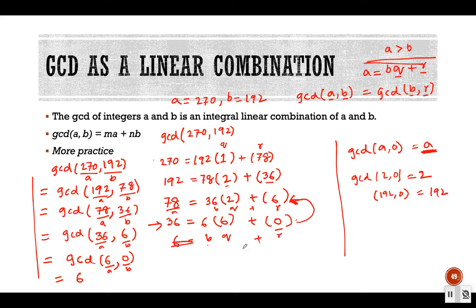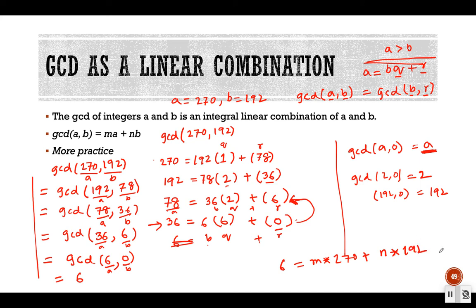Now I'm going to use the same Euclid algorithm, and using the same concept I'm going to find the GCD of two numbers as a linear integral combination of these two numbers. That means the GCD of these two numbers, 270 and 192, is 6. I'm going to represent 6 as m times 270 plus n times 192.